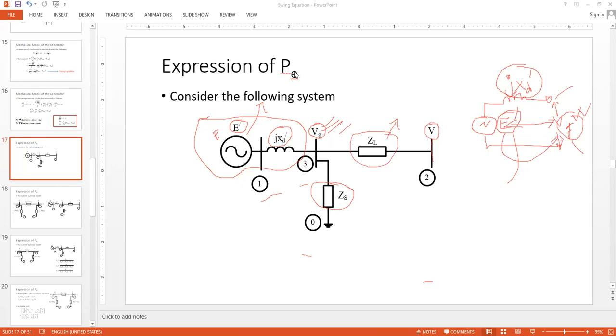We are interested in calculating Pe, which is being supplied by the generator to the infinite bus. Remember, we are interested at this point. And of course, this generator will inject some current into this node. The current flowing into node number 3, let's say, is I.